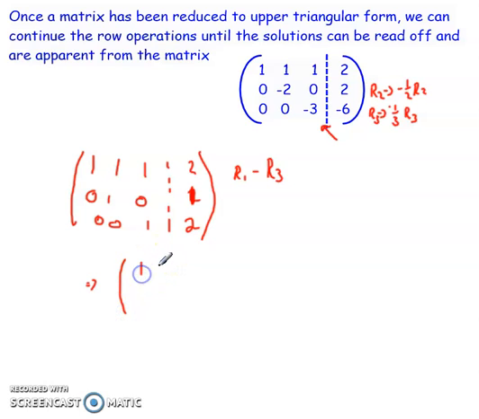So if I were to do row 1 take away row 3, what I'd end up with is 1, 1, 0. I then have 2 take away 2, which is 0. I then have 0, 1, 0, 1 for my middle row, and my bottom row, row 3, would remain exactly the same.